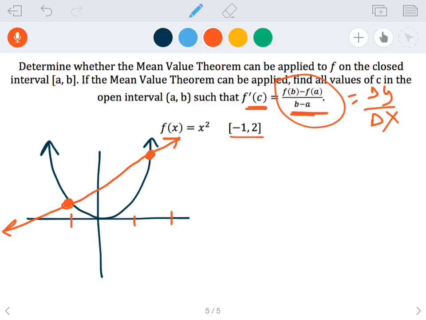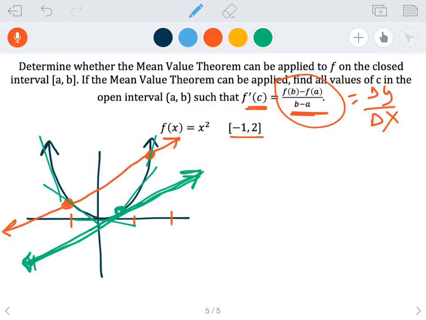Where on here could I draw a line parallel to this? And I'm thinking my answer is going to be somewhere in here. If I drew tangent lines all along this graph, when would I get one that's parallel to the secant line? So I think it's going to be somewhere in here.